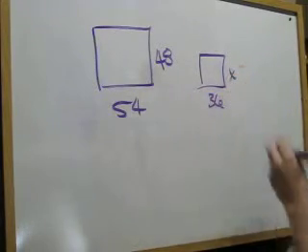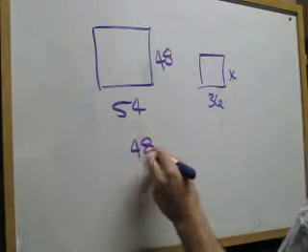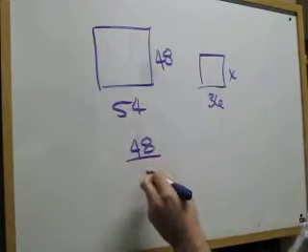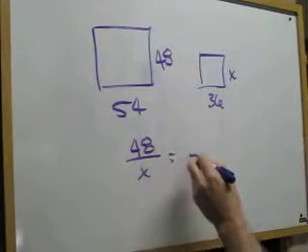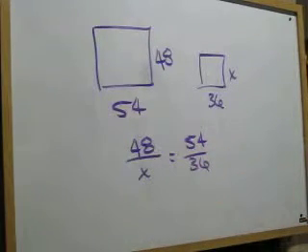So, we're going to take 48 over x equals 54 over 36, and you're going to cross multiply, find out what x is, and that's how big that one will be. Okay, you can do the same thing on 10. 42 over 28 equals 30 over y. So it's all done the same way there.